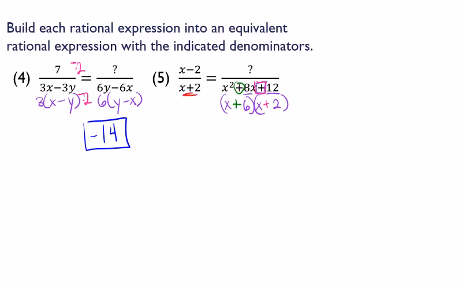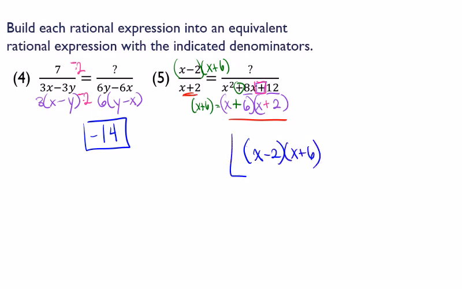What did I multiply by x plus 2 to get x plus 6 times x plus 2? We multiplied by x plus 6, right? So I'm going to multiply an x plus 6 here on the bottom to get to this. Then I'm going to do the same thing on top, multiply by x plus 6. Don't forget parentheses there. So my result is going to be x minus 2 times x plus 6, right?